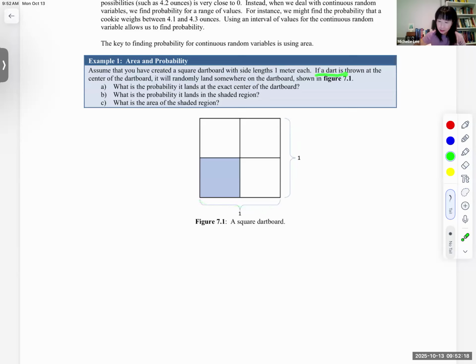If a dart is thrown at the center of the board, it will randomly land somewhere on the dartboard, shown in figure 7.1 here. We want to find the probability it lands at the exact center of the dartboard.